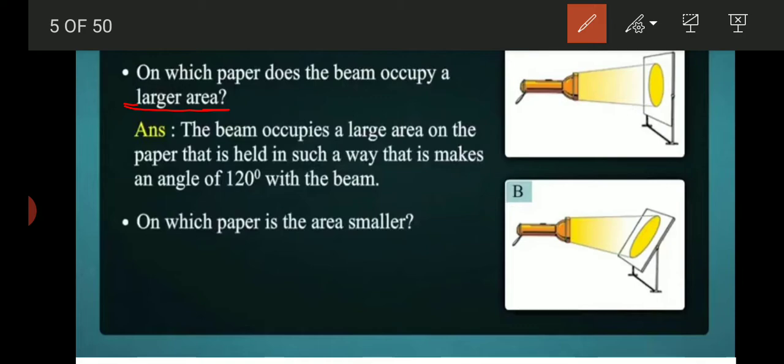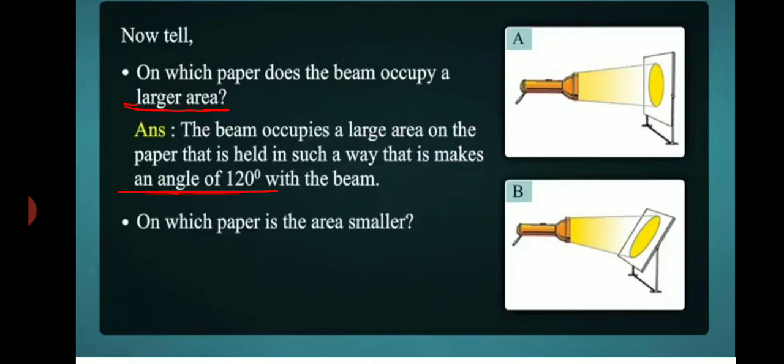The answer to this question is, after performing the experiment, you can say the beam occupies a large area on the paper that is held in such a way that it makes an angle of 120 degrees with the beam.